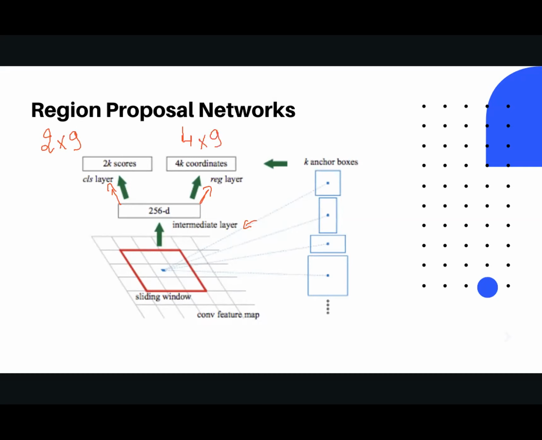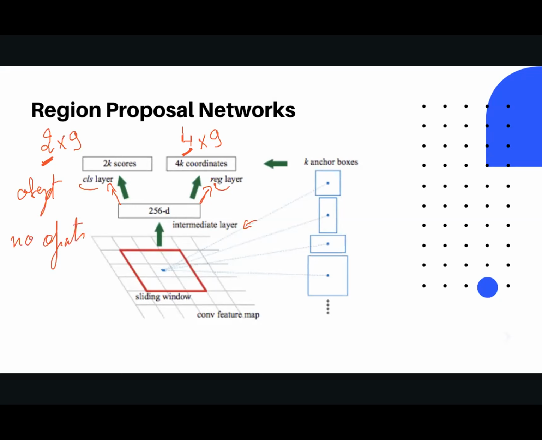So can somebody tell me what this one does? Why is there 2 in here and why is there 4 in here? Classification, regression. So why is there 2? In classification, we just have 2, like object, no object, and in regression, we have more parameters.